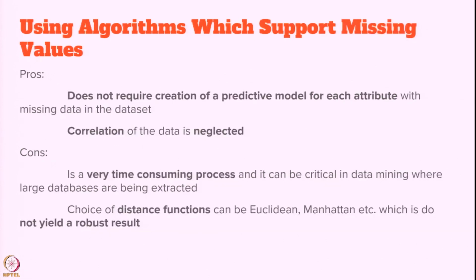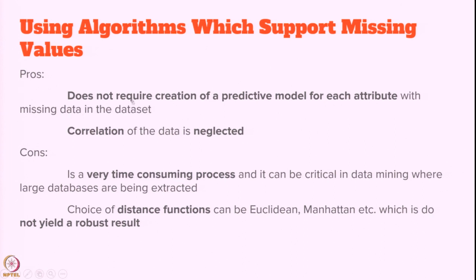We can also use some support based method to fill the missing values. What happens with this is it is a very time consuming process, and also the choice of distance functions, which can be Euclidean or Manhattan, will not yield a robust result. But there is always a merit when you use such data where it requires the support mechanism. It does not require creation of a predictive model for each attribute within the missing data set.